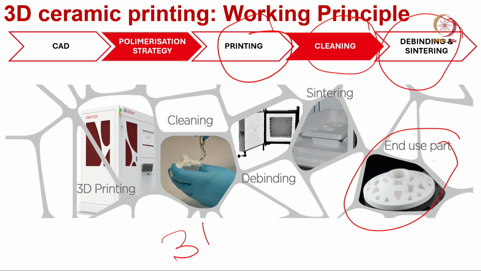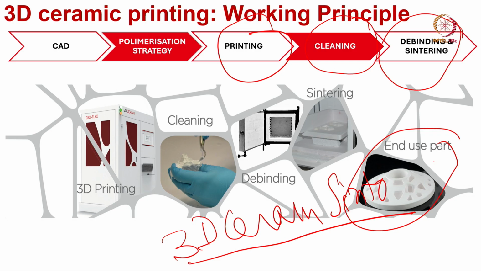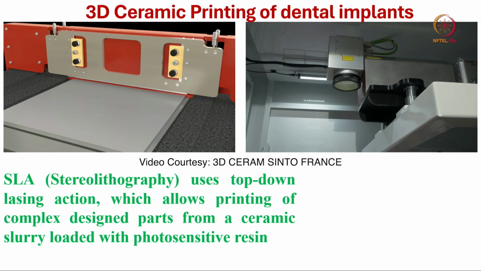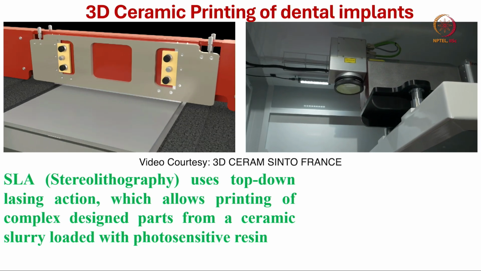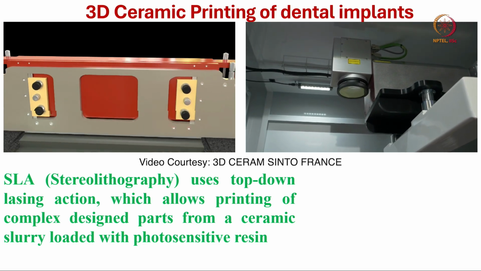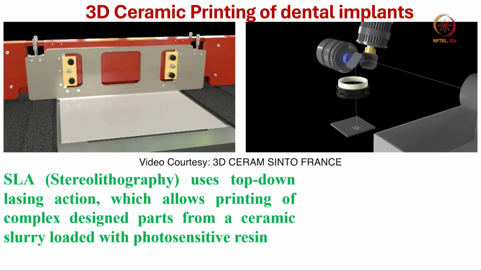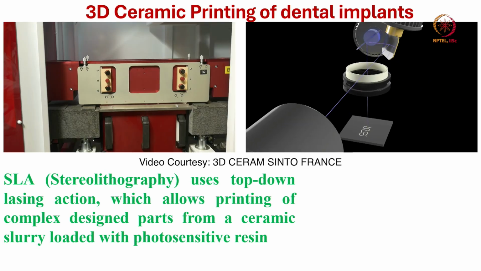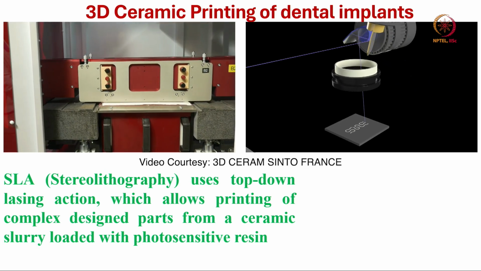This is courtesy of 3D Ceram Sinto. That is a French company, but a Japanese company, Sinto, has taken over, and now it is known as 3D Ceram Sinto. If you look at this video, you will see how ceramic printing actually takes place in practice.